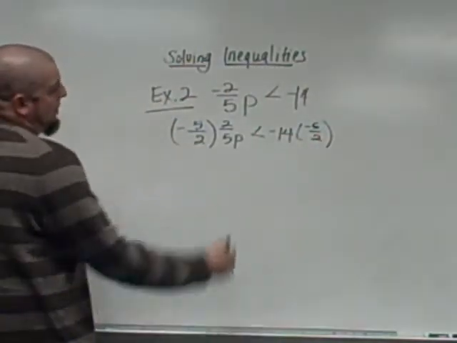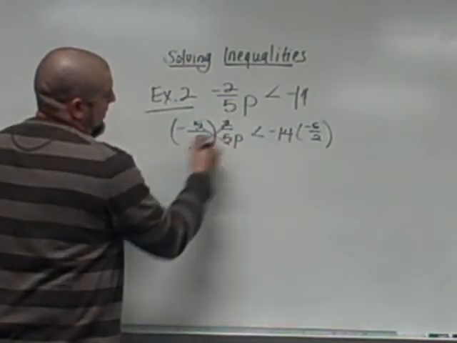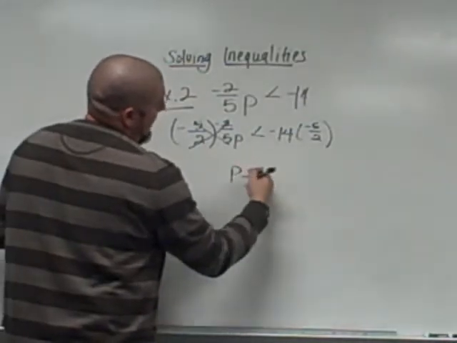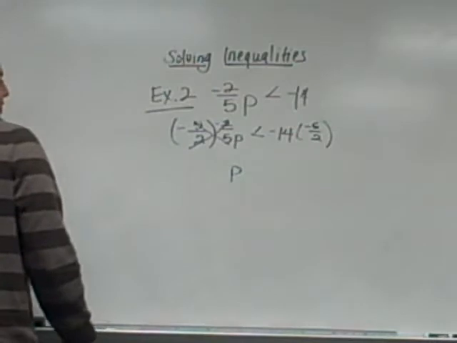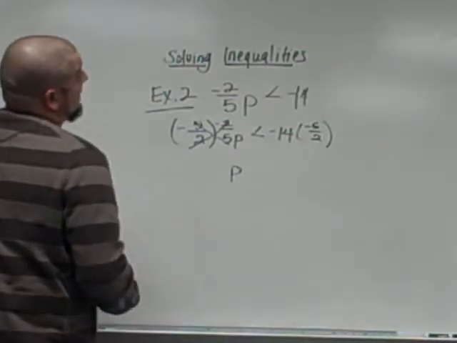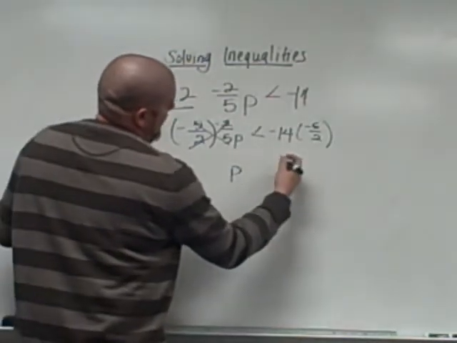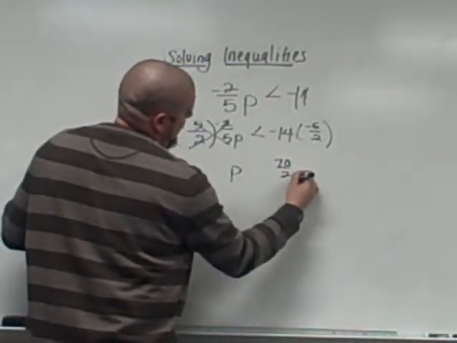What's going to happen here is this is going to cancel and this is going to cancel, leaving me with p. And then over here, negative 14 times negative 5 is 70, so that becomes a positive 70 over 2.